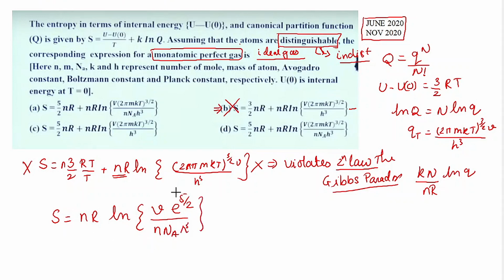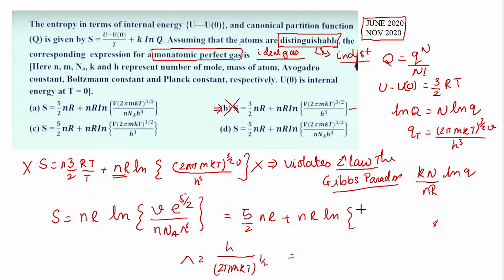When we simplify it, we get 5 by 2 nR plus nR ln of V into 2 pi mkT raised to 3 by 2 upon N_A into h cube, where capital lambda is h upon 2 pi mkT raised to 1 by 2.